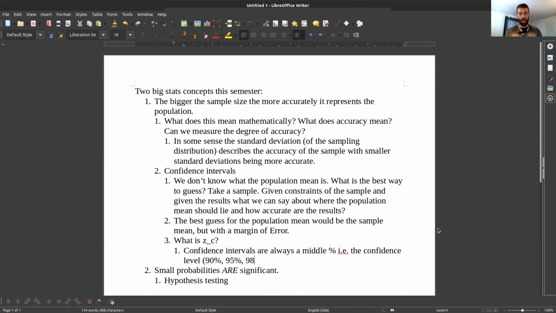Sometimes we'll see 98 or 99. Means that that percent is in the middle of the normal distribution. So let's just draw a basic picture real quick of that.